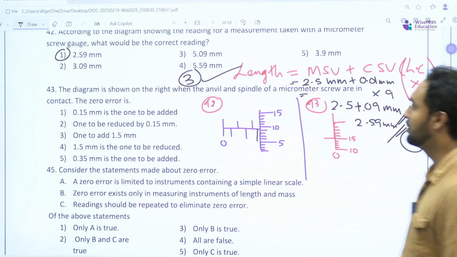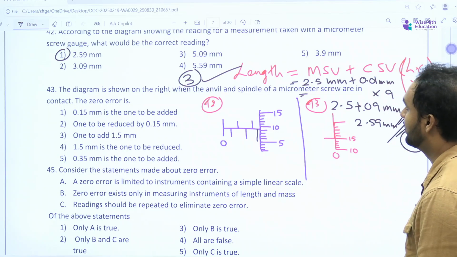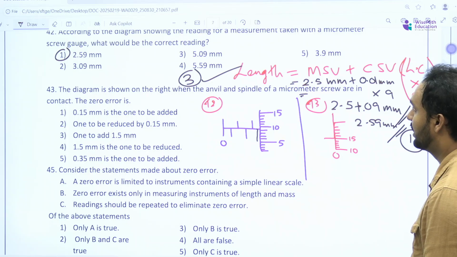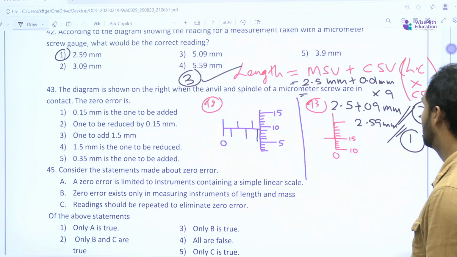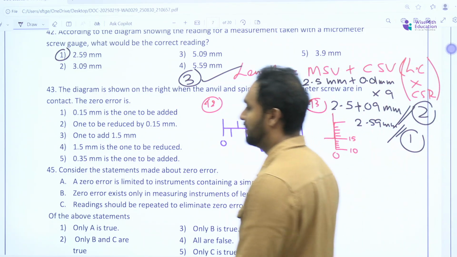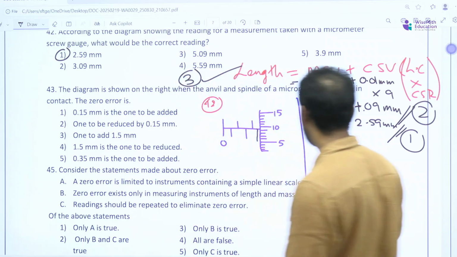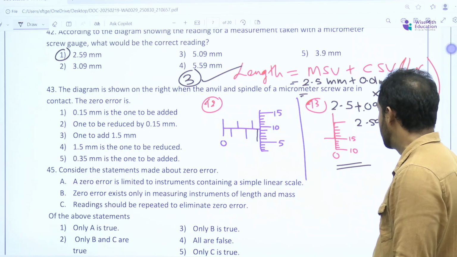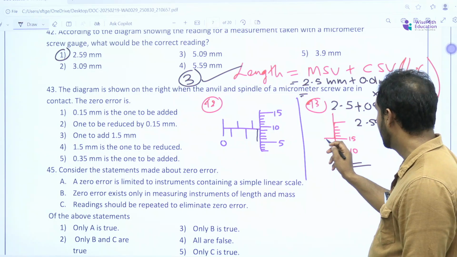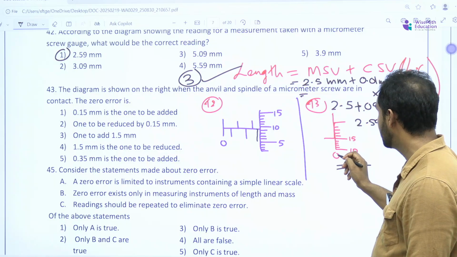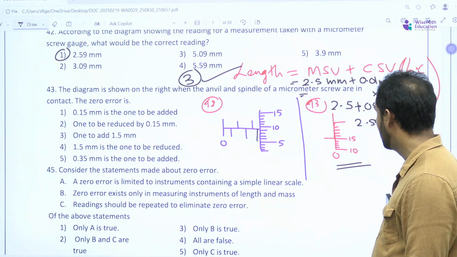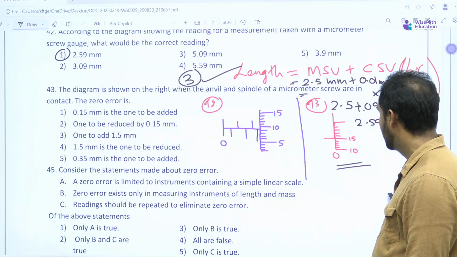The diagram shown on the right is when the anvil and spindle of the micrometer screw are in contact, right? They are asking for the zero error in this diagram. Now what is the zero error here? If you see, this is the midline. The midline has passed the zero of the circular scale, right?